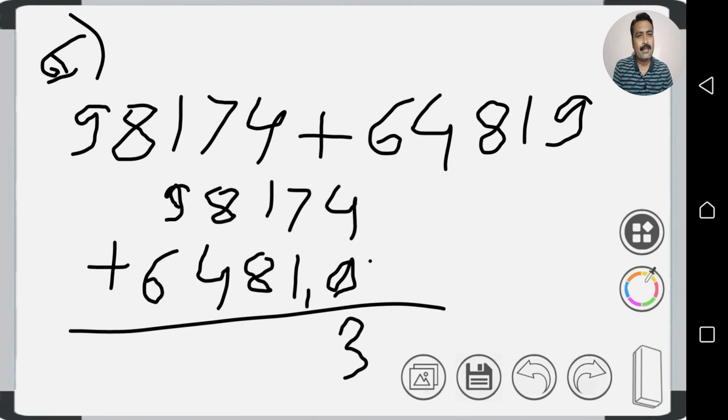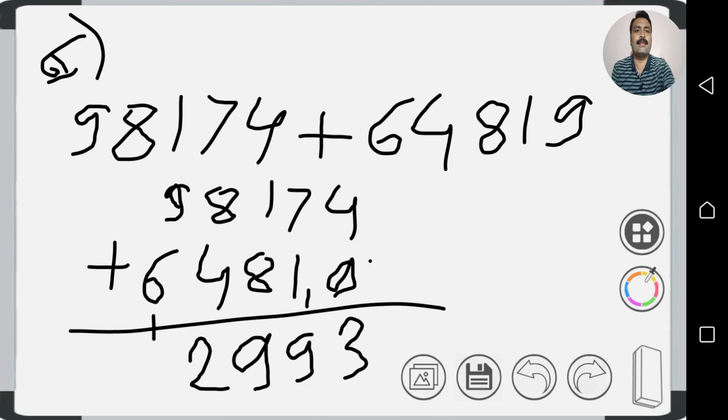Now move to tens place. 7 plus 1 we get 8, and if you add the carry 1, 8 plus 1 we get the answer as 9. That I am writing here. Thereafter move to hundreds place. 1 plus 8 we get the answer as 9. So 9 we write there. Thereafter at thousands place, 8 plus 4 we get 12 there. So for 12 we write here 2 and 1 is taken as carry into the next addition.